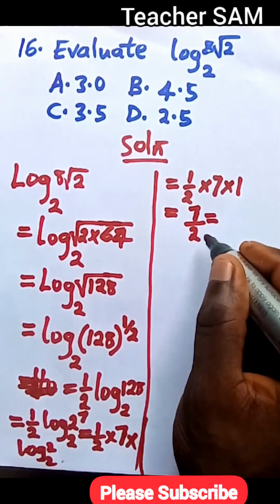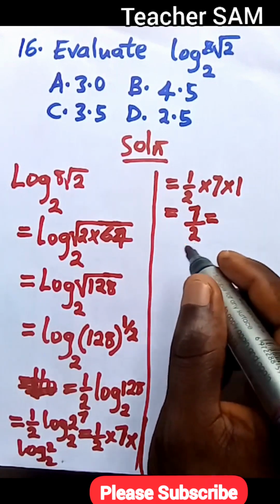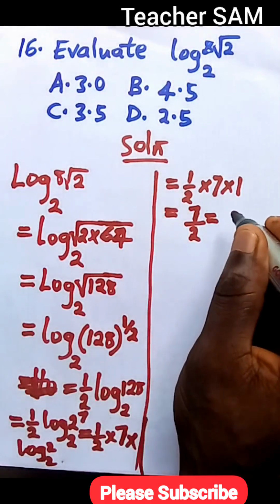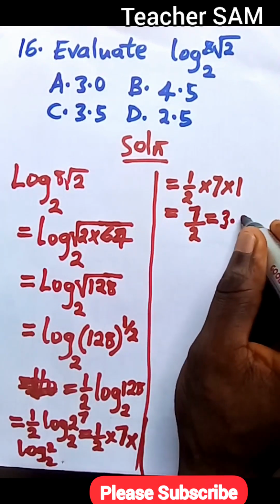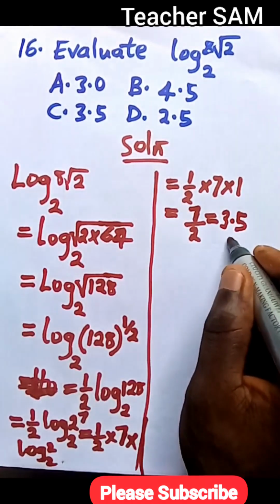This is an improper fraction, so change it to decimal. Thank God you are allowed to use a calculator. If you change that to decimal, you have 3.5. That is the answer to our question.